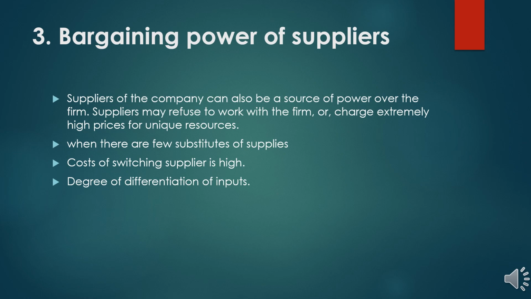So suppliers may refuse, for example, to work with the firm or increase prices for the unique supplies and resources. When there are few substitutes and the cost of switching suppliers is high, and the degree of differentiation of inputs is high, then the bargaining power of suppliers will be high.